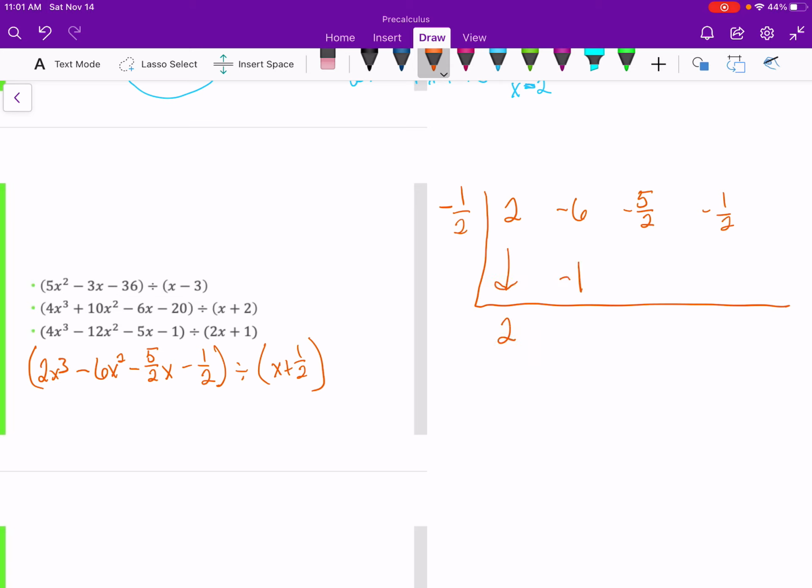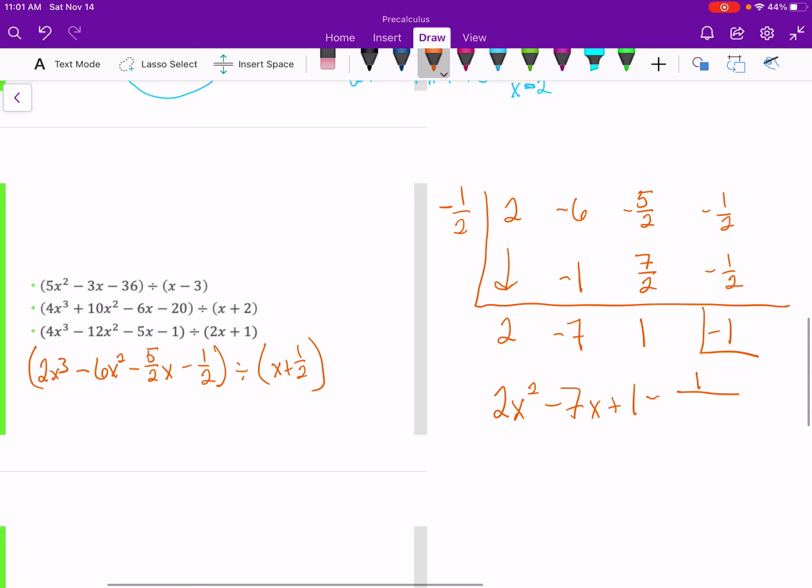We get -1, -7, so we have +7/2. Add that up, we get 2/2, which is just 1, and then we get -1/2, so we get -1 as our remainder. So our answer is going to be 2x squared minus 7x plus 1 minus 1 over x plus 1/2.